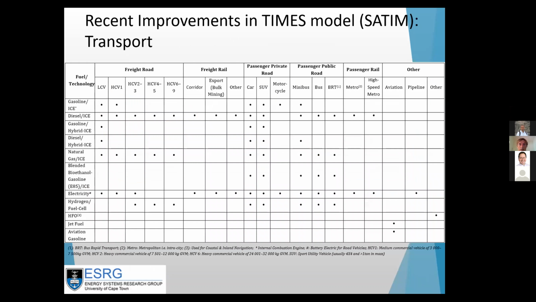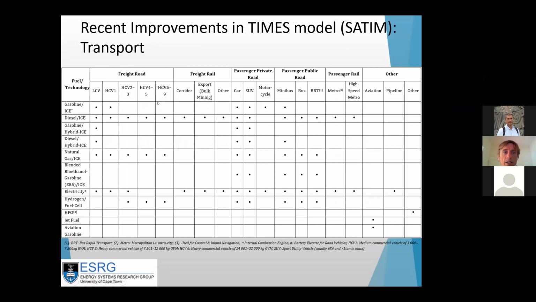GHG inventory. On the transport sector, we recently disaggregated the freight sector, adding more detail on the different freight vehicles, and added some extra technologies, such as hydrogen fuel cell in the freight sector.